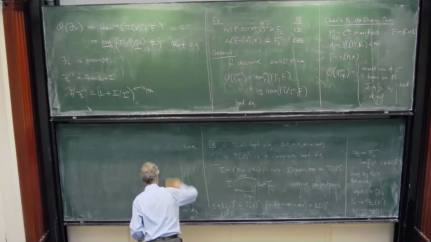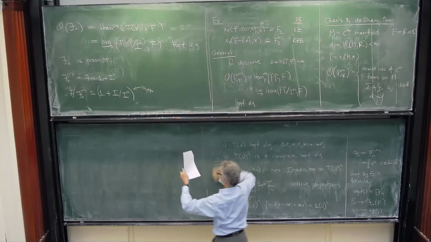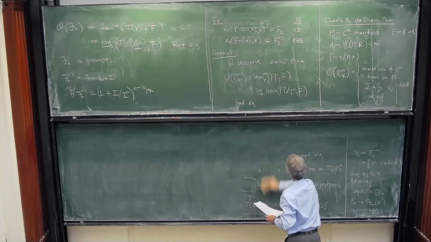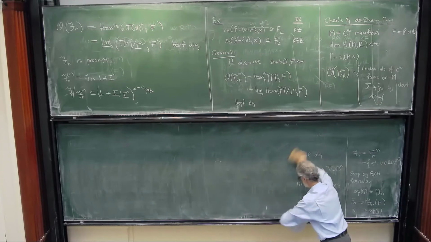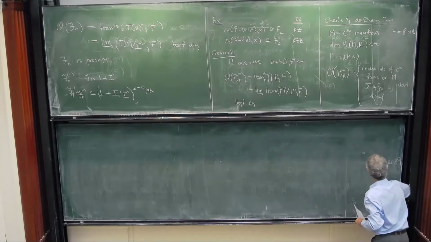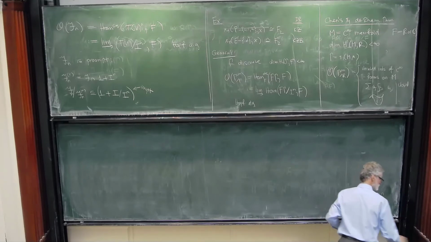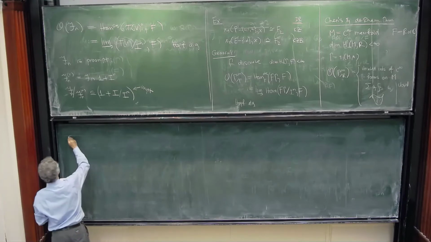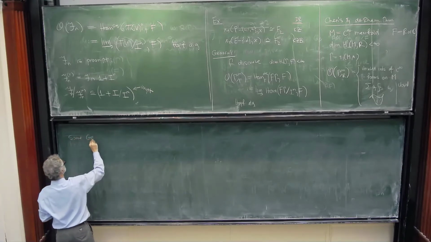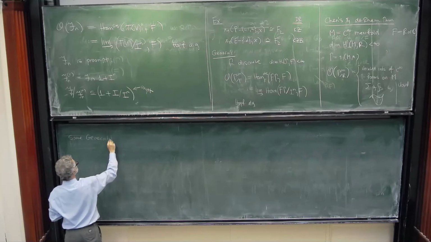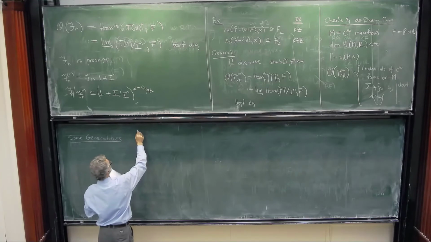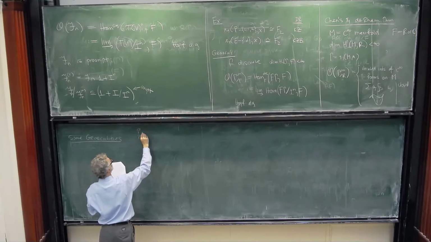So let's talk about the relative case, and first I can do a few generalities. As above, we've got gamma, we've got R, we've got gamma F, R over F, and rho, right?